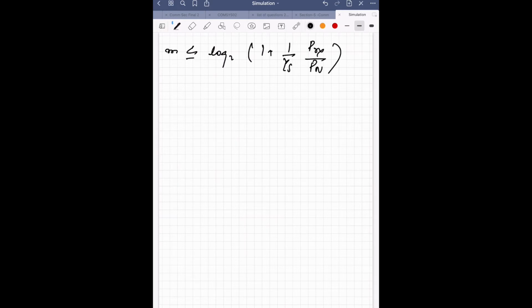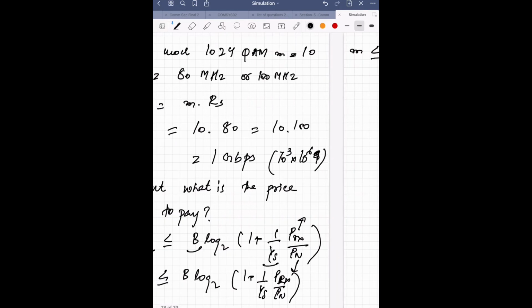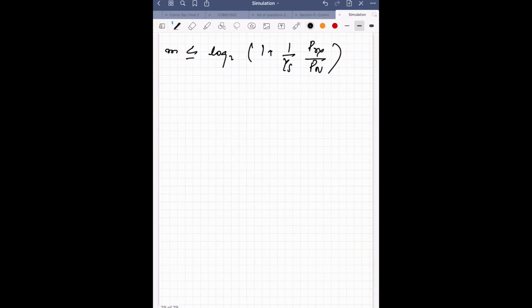What is the minimum SNR required to work with a 1024 constellation? Let's say, for the sake of simplicity, gamma S is 10.